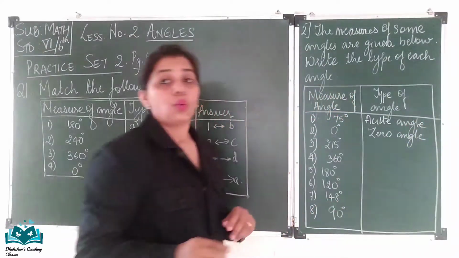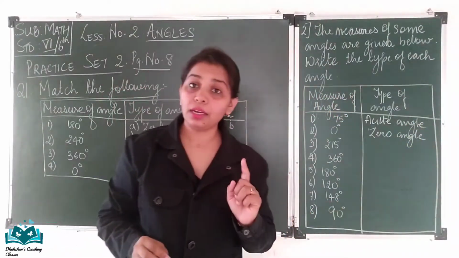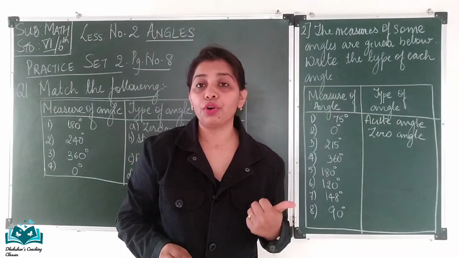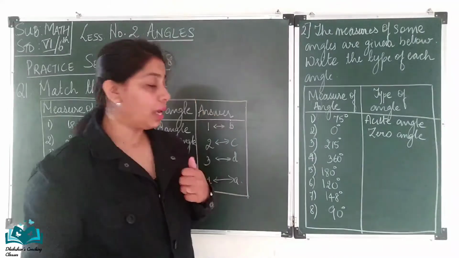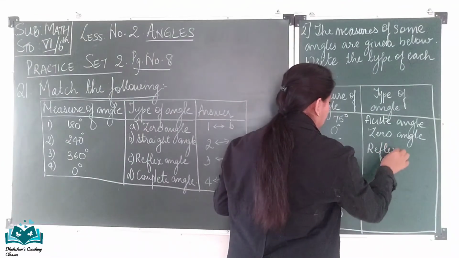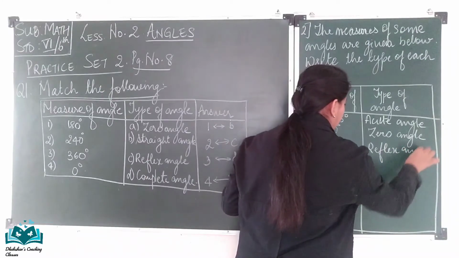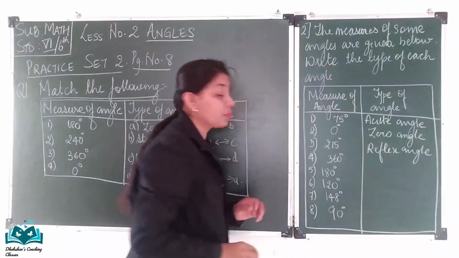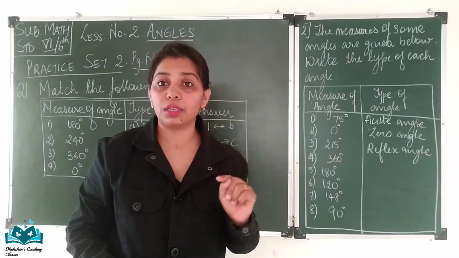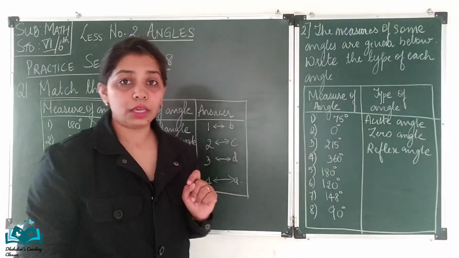125, it is greater than 180 degree. So it will be what angle? It will be your reflex angle. 360 degree. One complete rotation is equal to 360 degree.